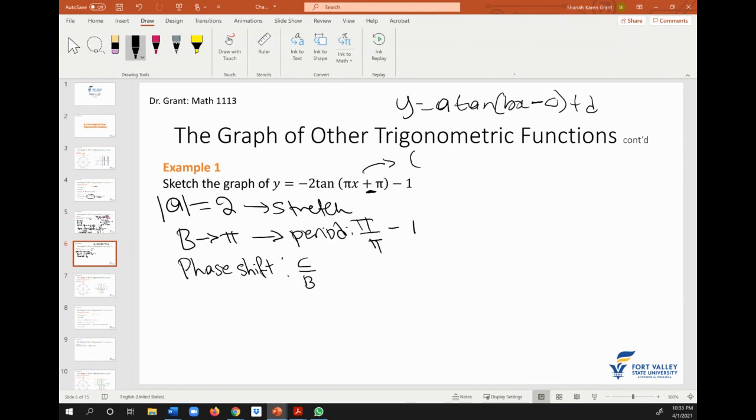So we know that we could rewrite this as pi x minus negative pi in order to get it to look like this. So what this means is my c, rather, is negative pi, and my b is pi. So that means this phase shift is going to be -1.